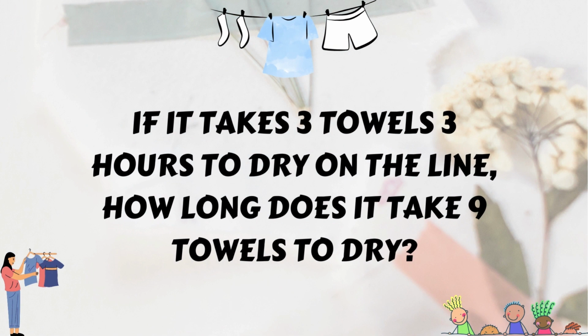This one is a fun riddle, and I promise you don't need to do any math at all. If it takes 3 towels 3 hours to dry on the line, how long does it take 9 towels to dry?